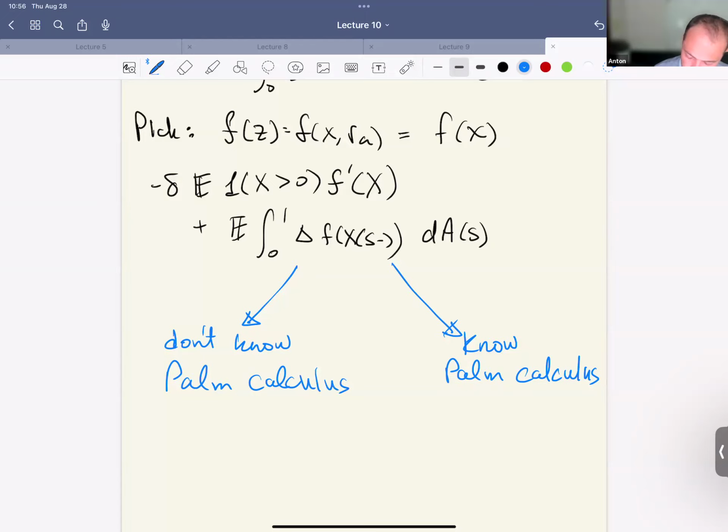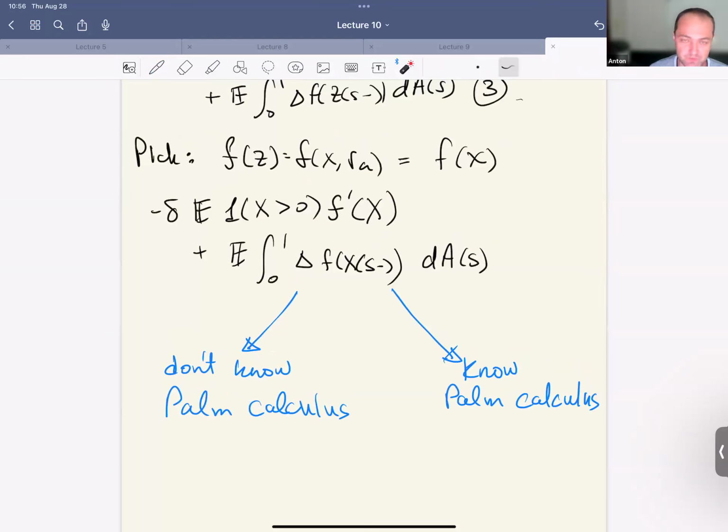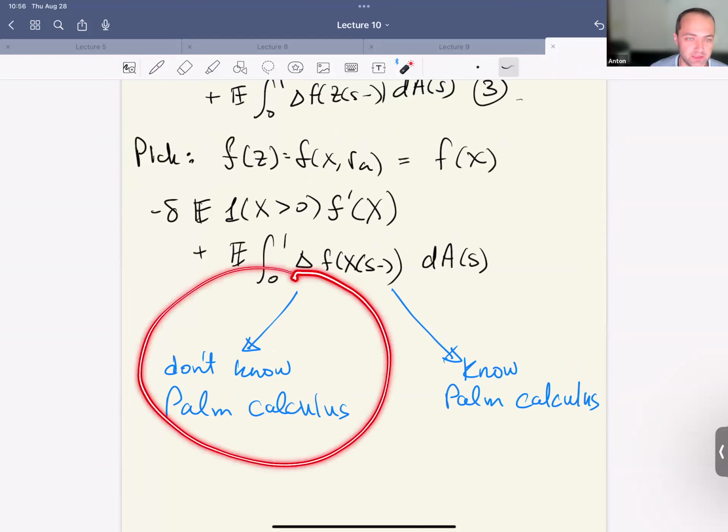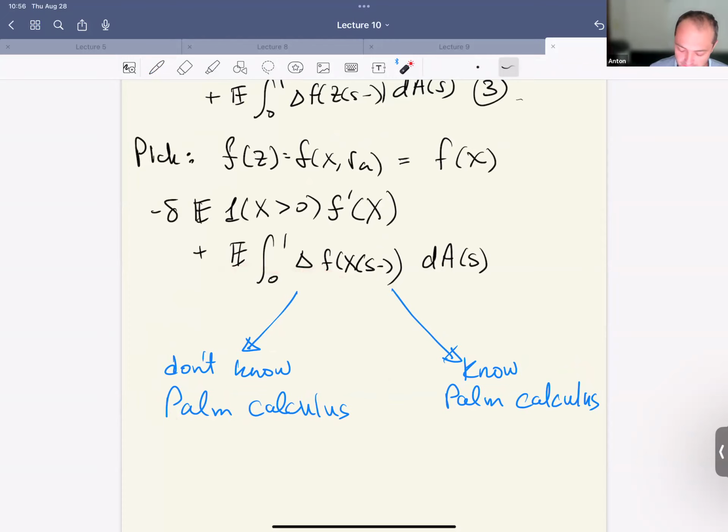I've been lucky because this topic is something that Zeev and myself have been working on together. I fit squarely into the realm of not knowing Palm calculus. It's a beautiful theory of point processes and such, but it's such an overhead to learn that, by my estimate, the vast majority of people in our field probably don't know it.